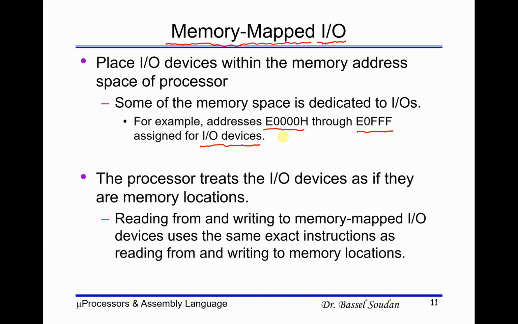So the input output devices will take port addresses in that range only. The processor treats the I/O devices as if they are part of my memory, and if the specified address is within that range, the processor will route the request for data from or to the processor through to the input output devices instead of going to the memory.